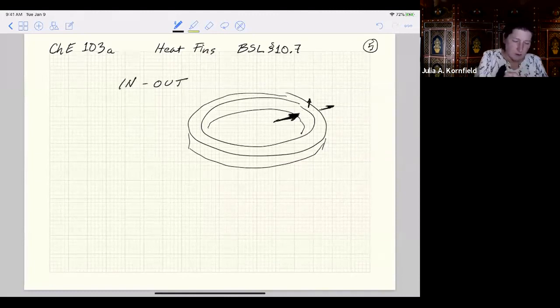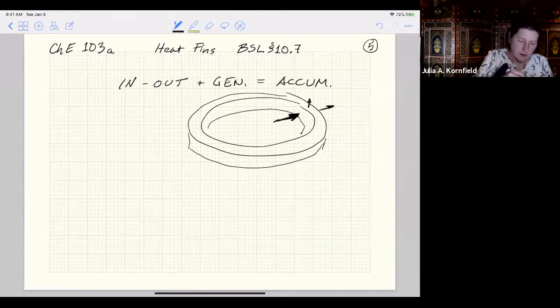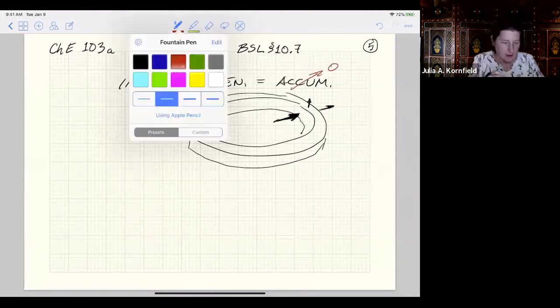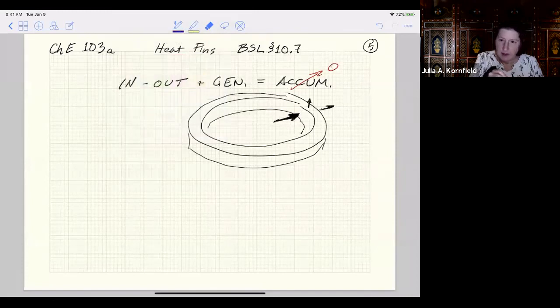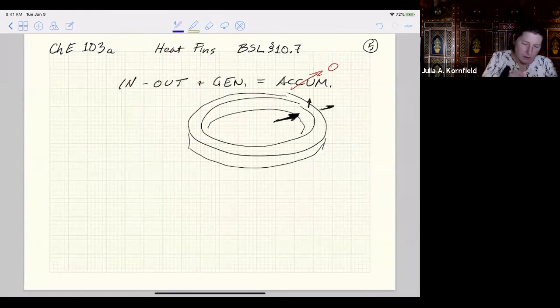So let's see. So in minus out plus generation is accumulation. Okay, we're considering steady state, so the accumulation is 0. And the in minus out, we have a radial flux here through a cross-sectional area that can depend on r.